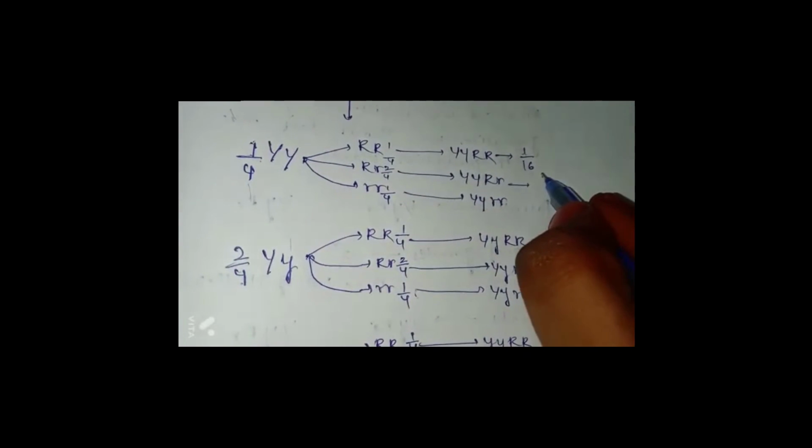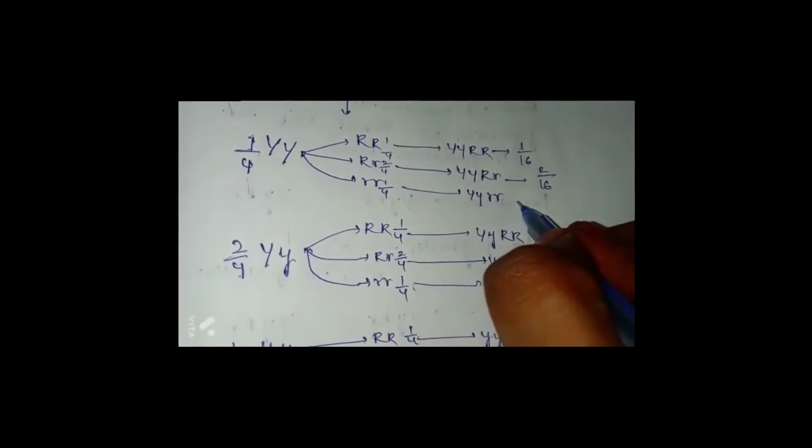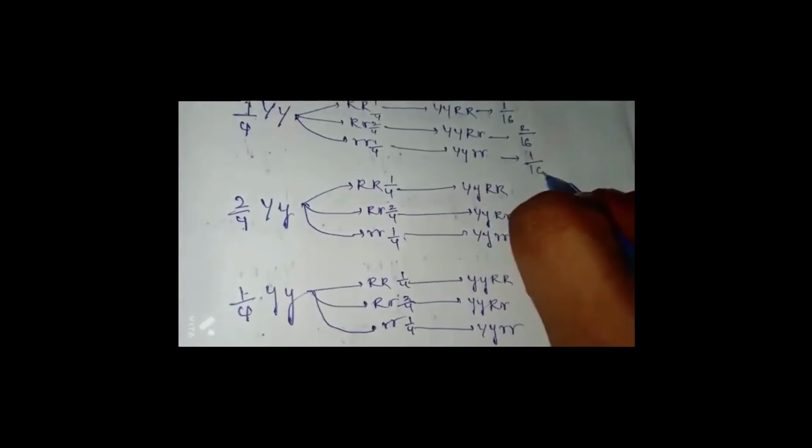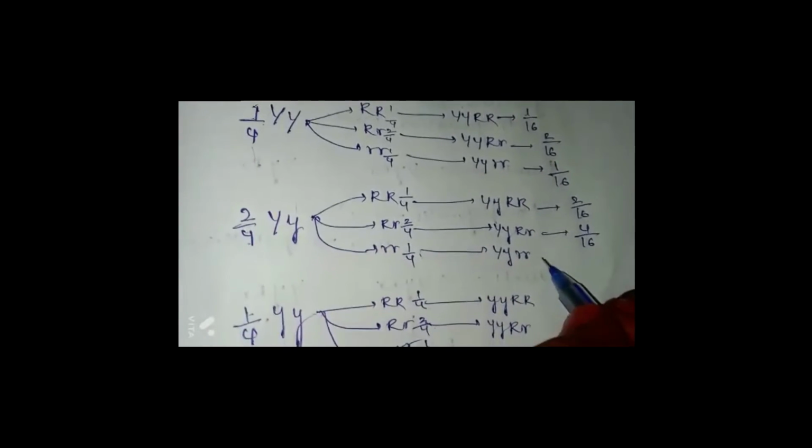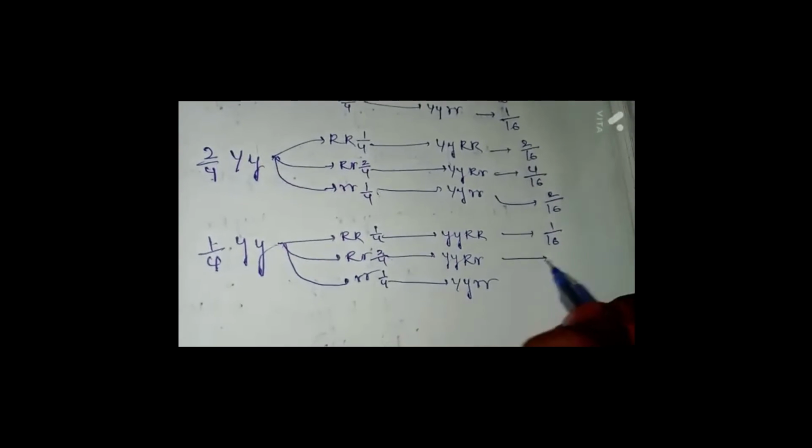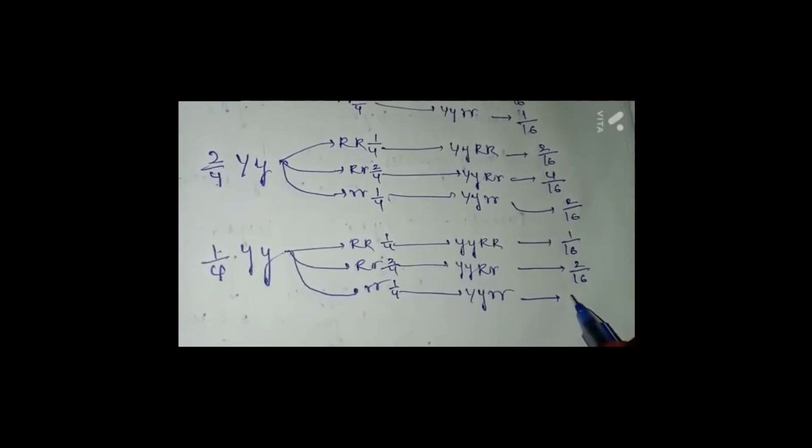For the first one, we get 1 by 16 on multiplying, and for the second one 2 by 16, third one 1 by 16, fourth one 2 by 16, fifth one 4 by 16, sixth one 2 by 16, seventh one 1 by 16, eighth one 2 by 16, ninth one 1 by 16.